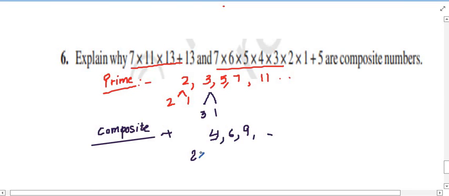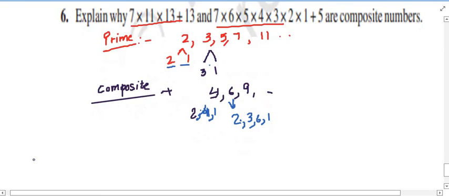Factors of 4 are 2, 4 and 1. So it has more than 2 factors. Factors of 6 are 2, 3, 6 and 1. It has more than 2 factors. So a prime number is a number that has only 2 factors, 1 and the number itself. Composite numbers are those numbers that have more than 2 factors.